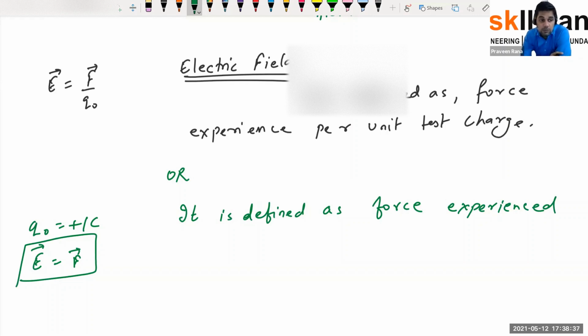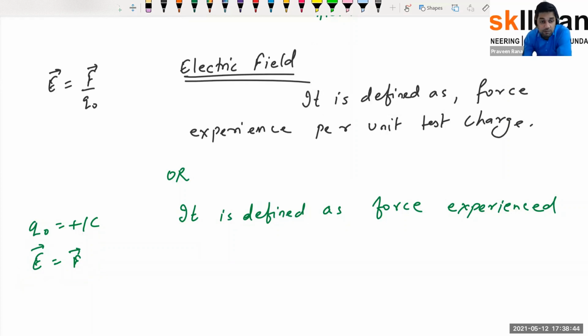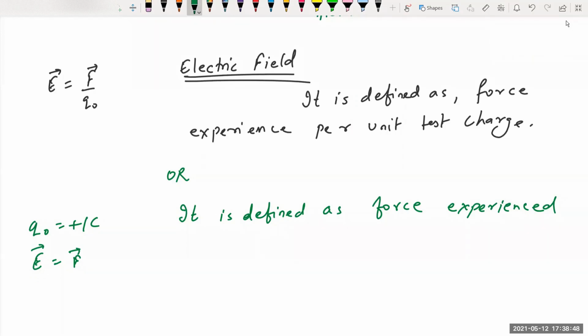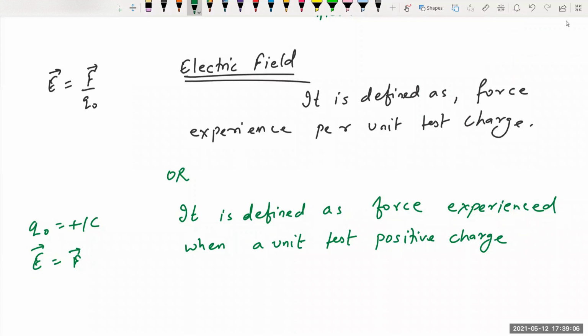From now, I am just saying that electric field is force. Is it true? No, electric field is not a force. Right now I'm saying electric field is equal to force experienced when the charge is equal to 1 coulomb. When a unit test positive charge, and the meaning of unit here is 1.